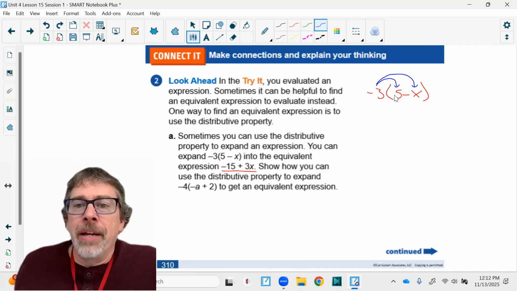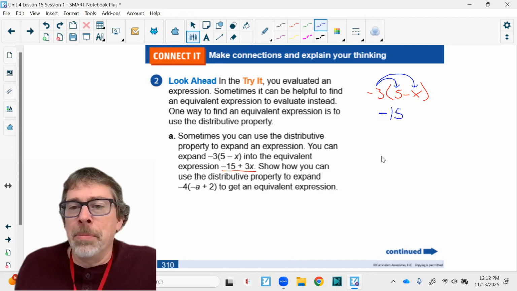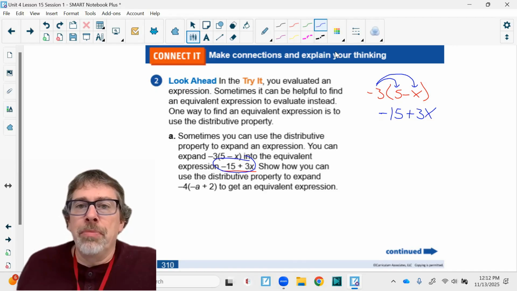What is a negative times a positive? It is a negative. What is 3 times 5? 15. Okay, it's as simple as that. What's this sign? Negative. What's a negative times another negative? It's positive. What is 3 times x? 3x. And that's what this is here. Okay, that is the distributive property.